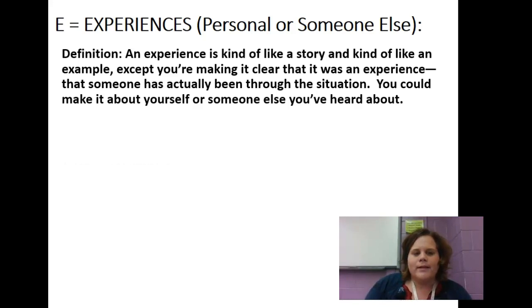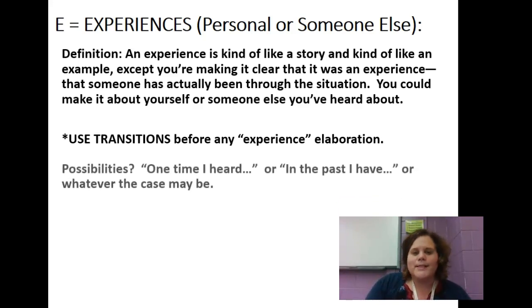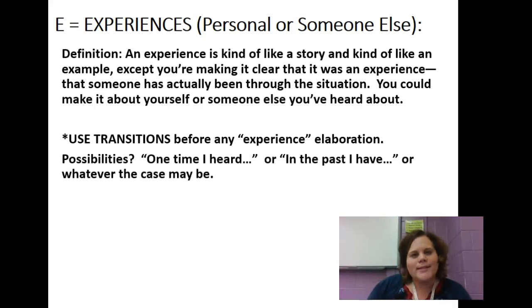No big deal. You want to make sure you use transitions before any experience elaboration, just like an example. So you might say something like, one time I heard, or in the past I have done this, or there was once a story about, and so you're making it obvious that you're getting ready to tell a little experience.